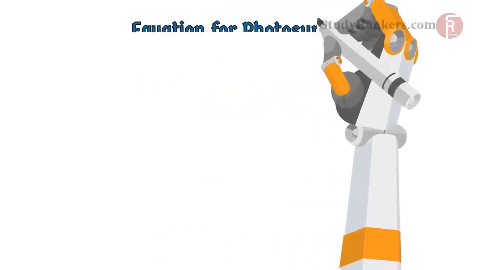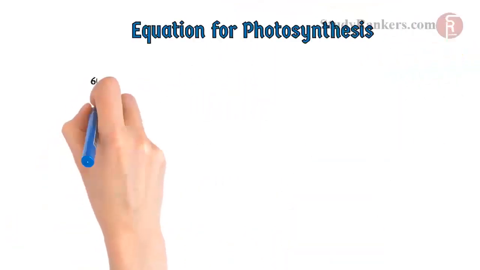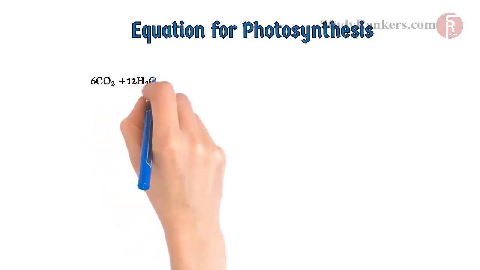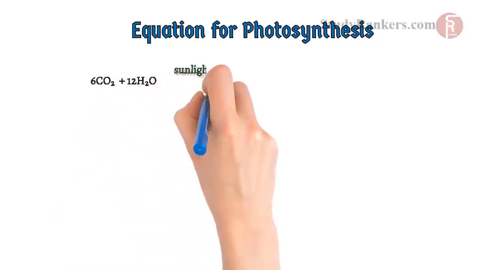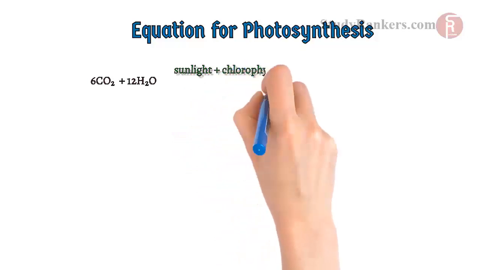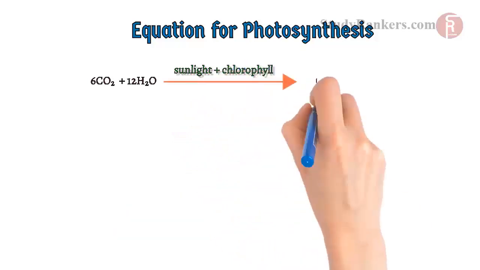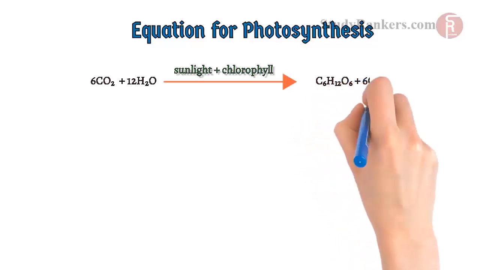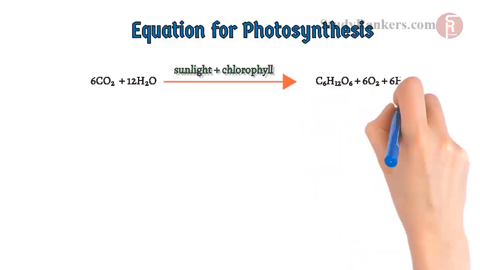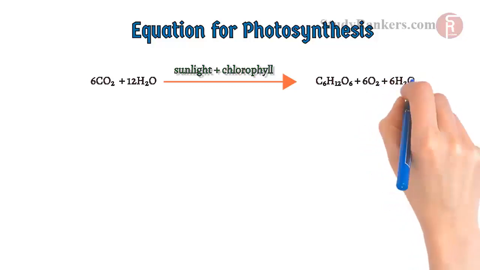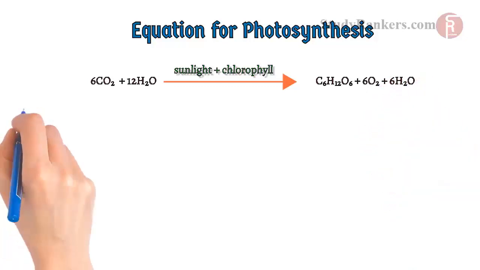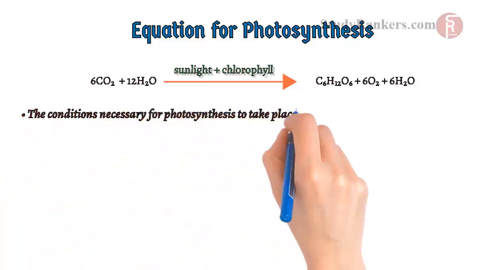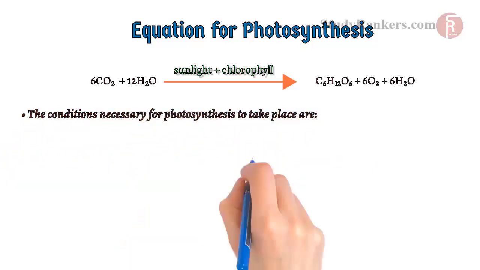Equation for photosynthesis is 6CO2 plus 12H2O in the presence of sunlight plus chlorophyll gives C6H12O6 plus 6O2 plus 6H2O.